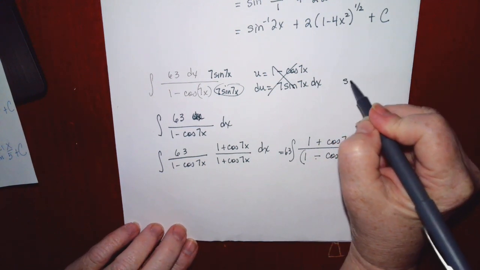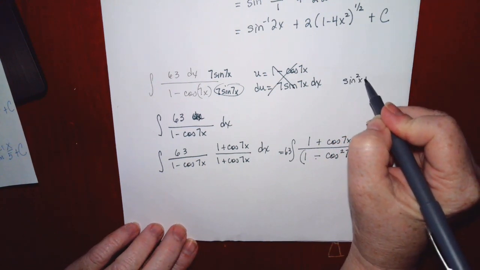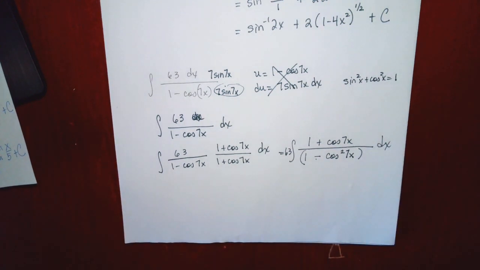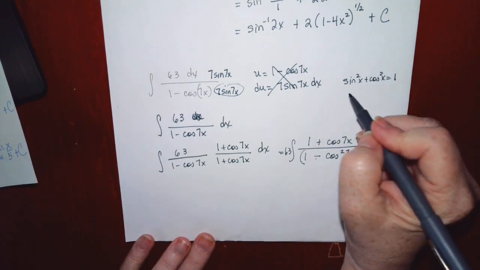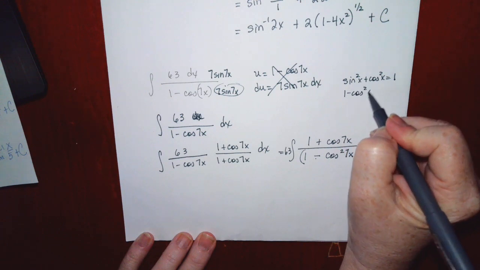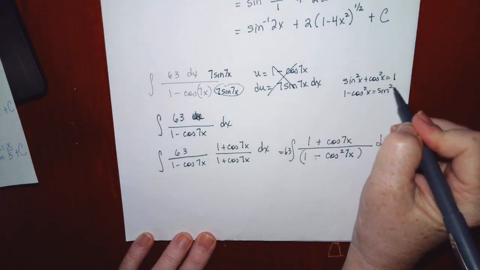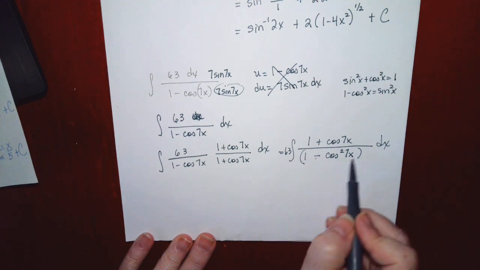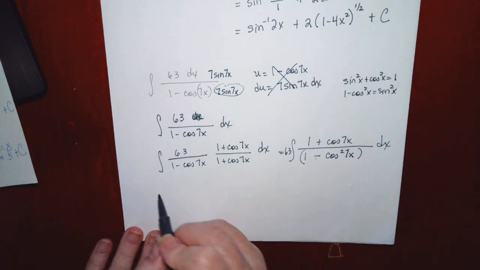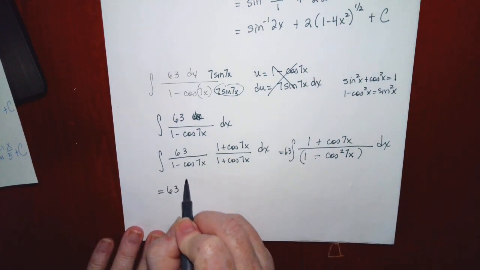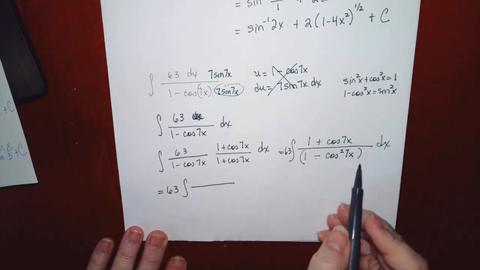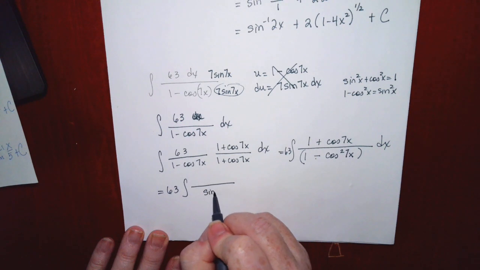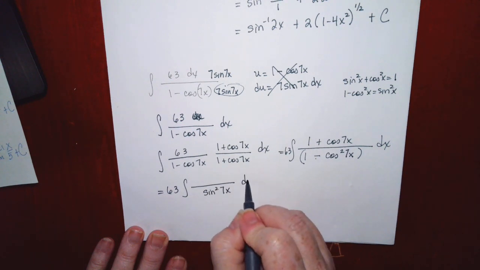We know that sine squared x plus cosine squared x is equal to 1 for any x value. So 1 minus cosine squared x is equal to sine squared x. So I could replace this 1 minus cosine squared 7x with sine squared 7x from the Pythagorean identity.